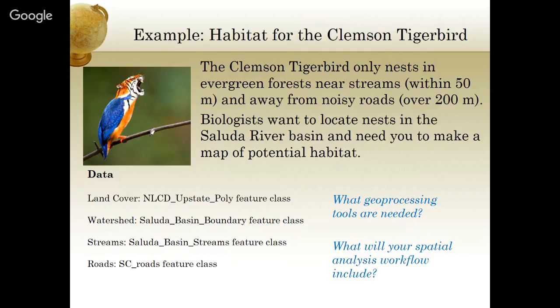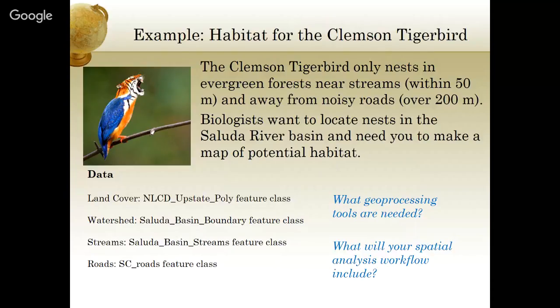So biologists want to go and find this animal. They want to try to count the number of nests or potentially tag these birds. They need to know where are the areas to send all their grad students out to try and find this thing. So what we have are some different data sets. We have a land cover data set, the NLCD Upstate Poly.